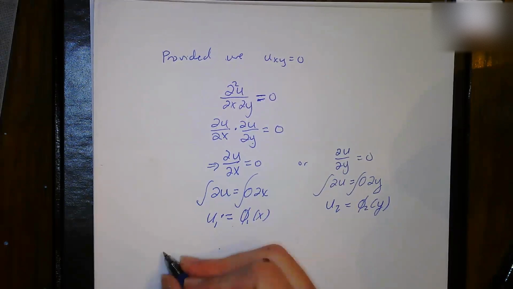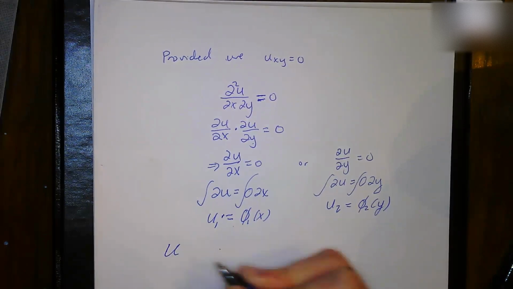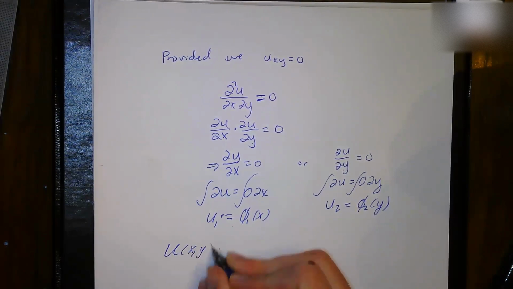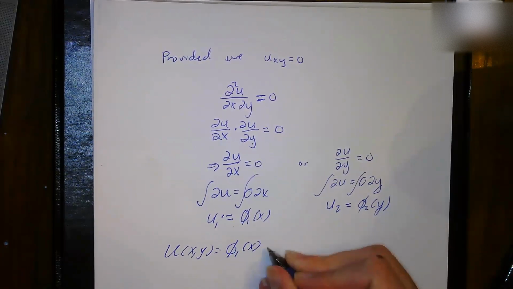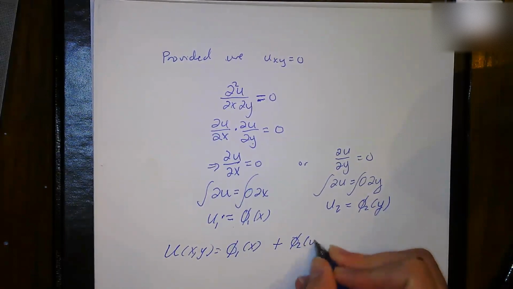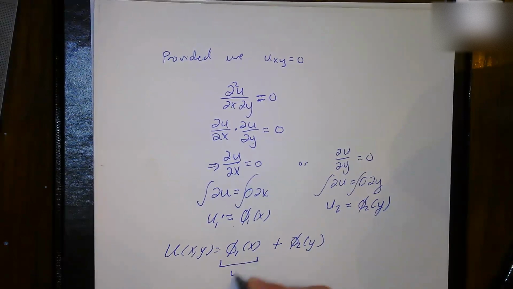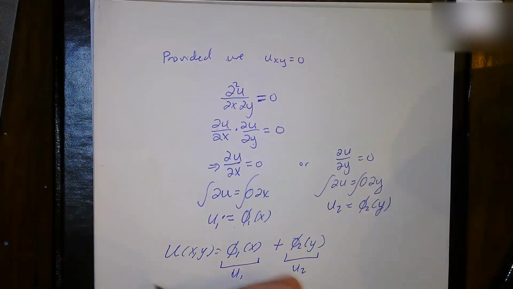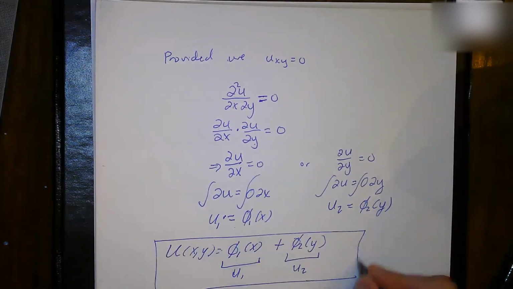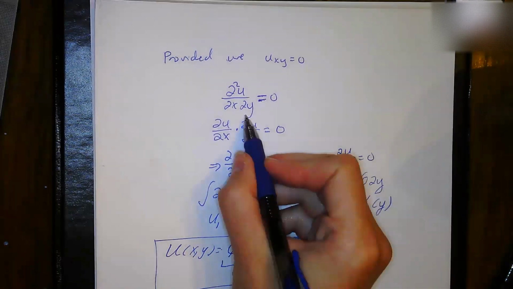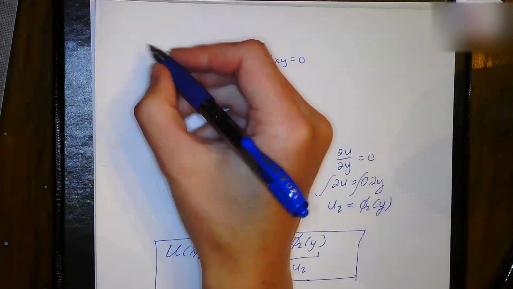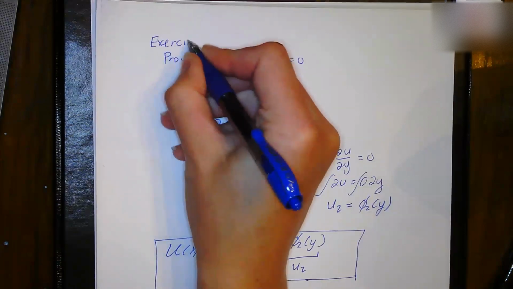So we can say that u of x, y is then just the sum of these arbitrary functions, u1 plus u2. Essentially, this is like u1 and this is u2. So this is a general solution of arbitrary functions based on this equation. And this is exercise 3.